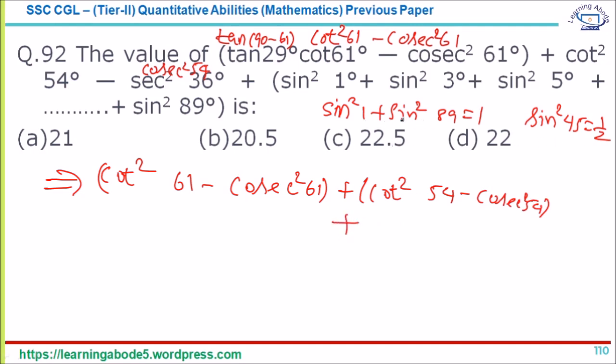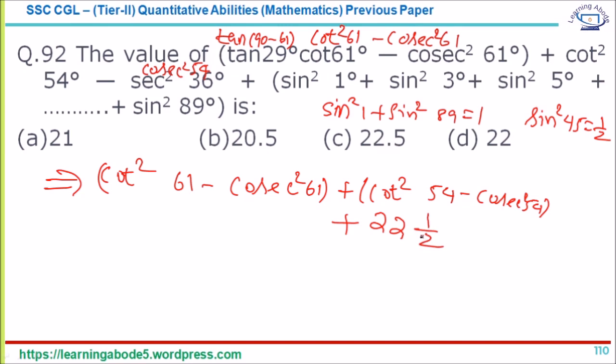So there'll be 44 such terms. If each is 1, in 44 such pairs, together you will have 22 plus half.